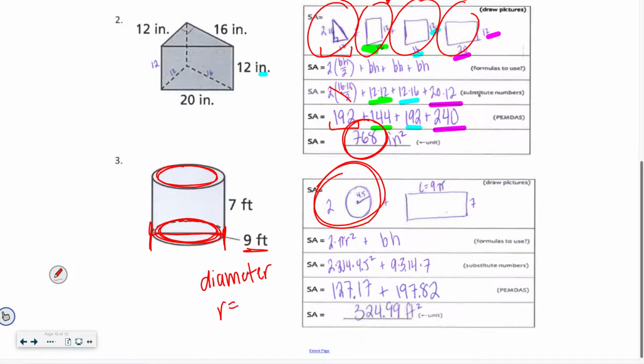So therefore, the radius is going to be half of that, 4.5. It's okay to use decimals. We'll have calculators on your quiz and your test, so it's okay. So the radius is 4.5. Remember, the area formula for a circle is pi r squared. This 2 in front comes from the fact that there are 2 total circles. That's maybe the easier part.